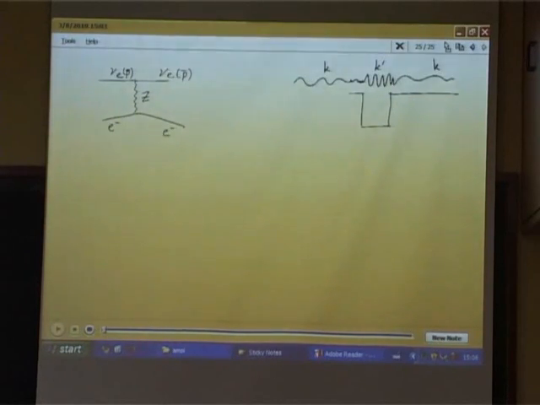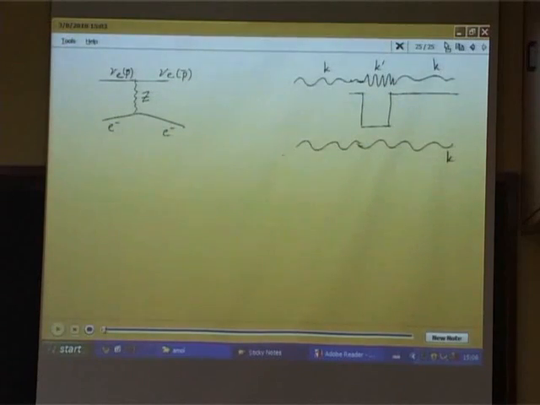Now what does this mean? This means that if I did not have the potential, I would simply get k throughout. Since I had the potential, for some time I had k prime oscillations.